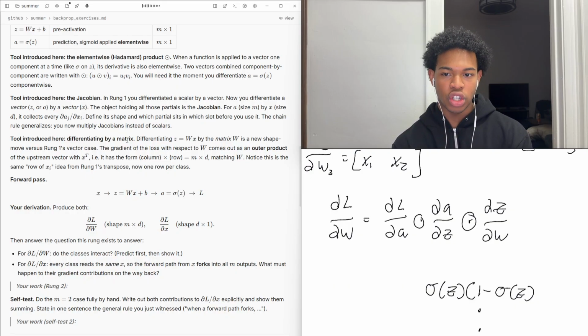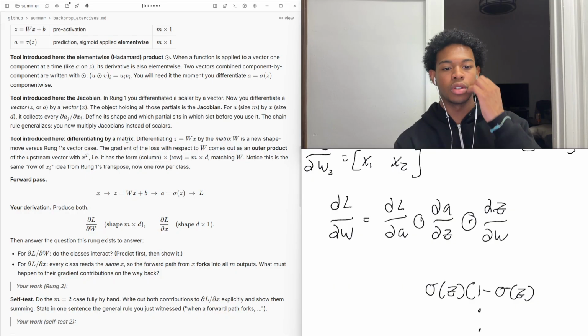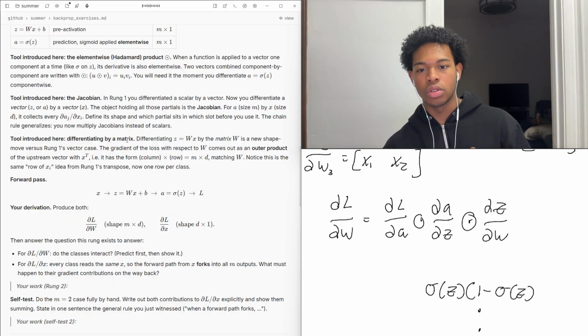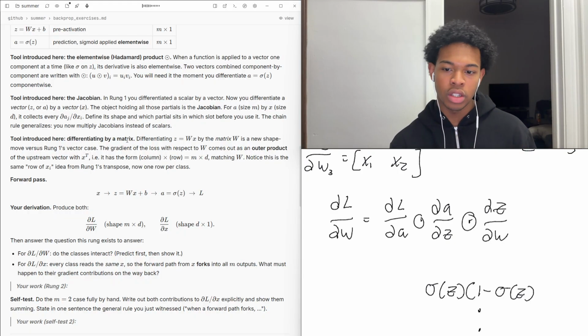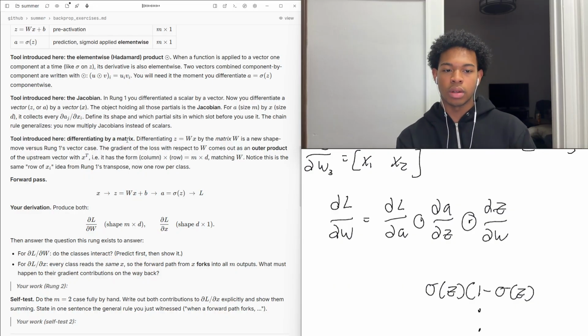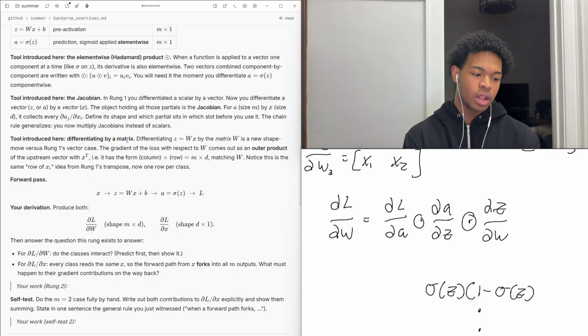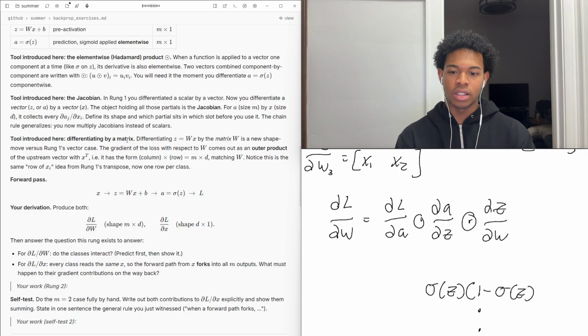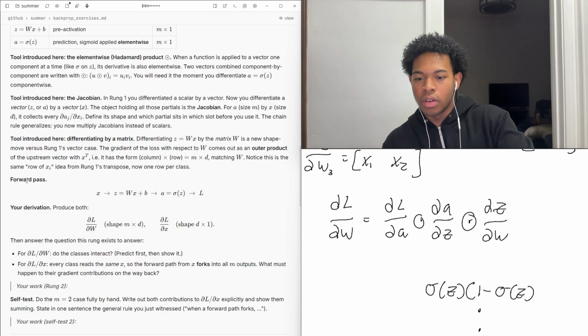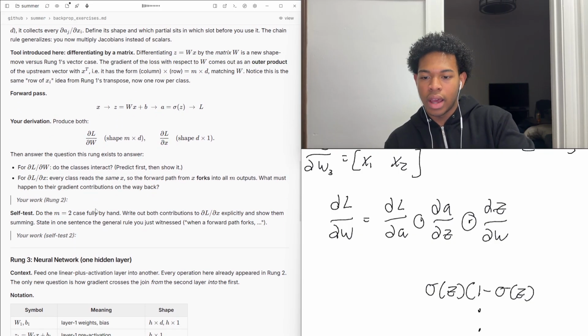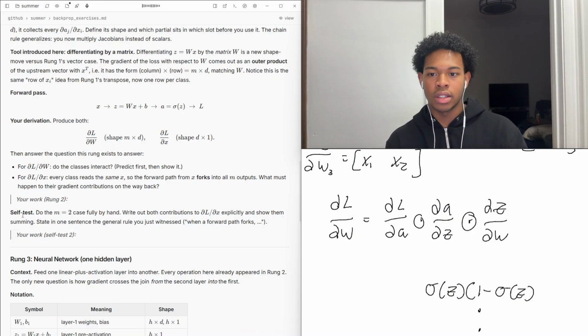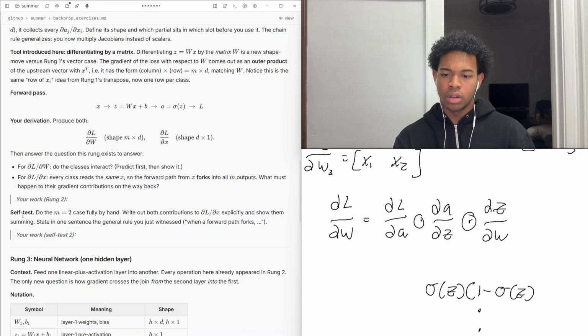But in the chain rule, what I'm used to writing is the partial of L with respect to W, and you spell it out with scalar multiplication, but you seem to be doing something else, and the forward and backward isn't consistent for me. So if you could spell that out in the self-test section of rung 2, I would appreciate it, please.